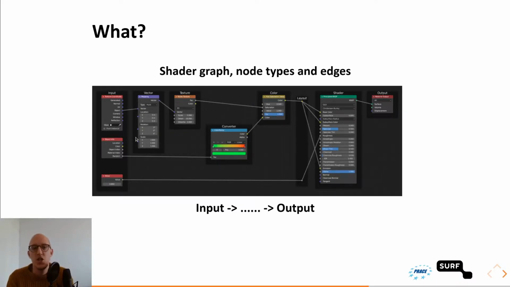And with this shader graph and these different node types, what you basically do is manipulating the values that come out of the nodes, the outputs, to the inputs of the other nodes.